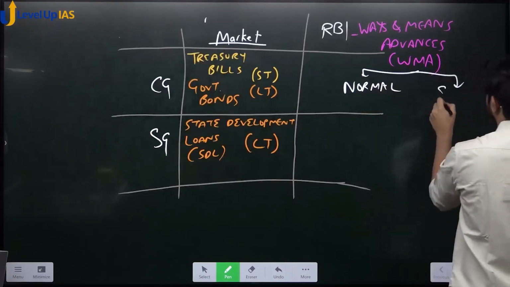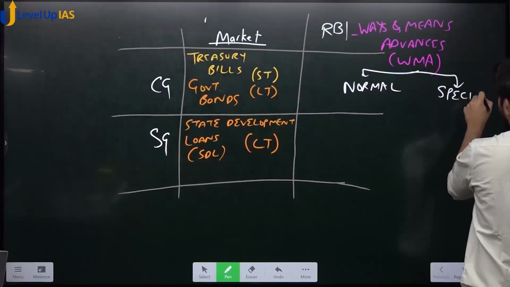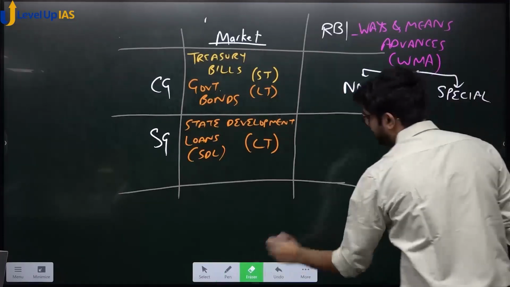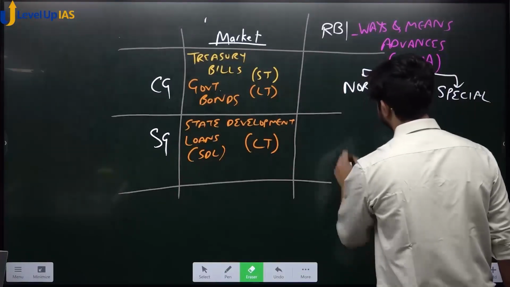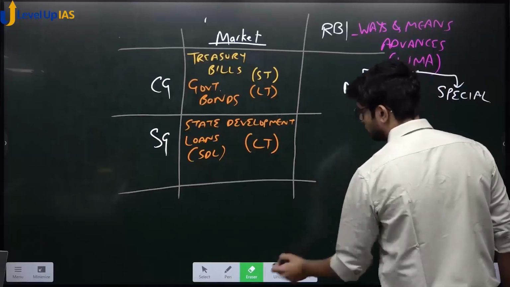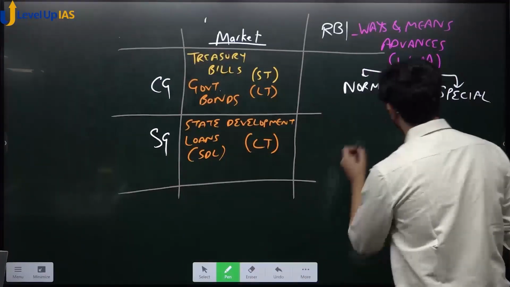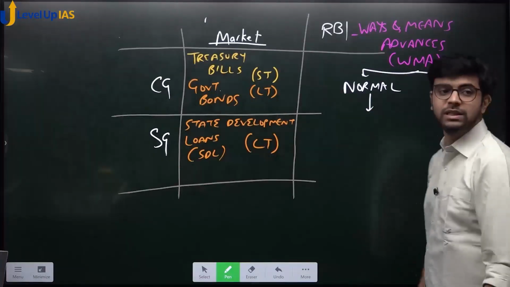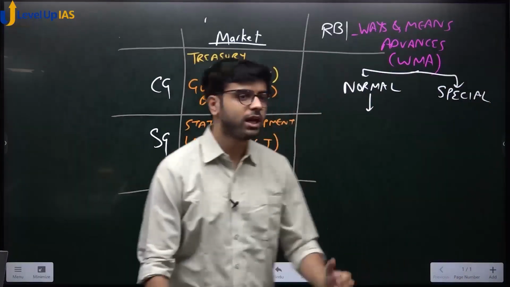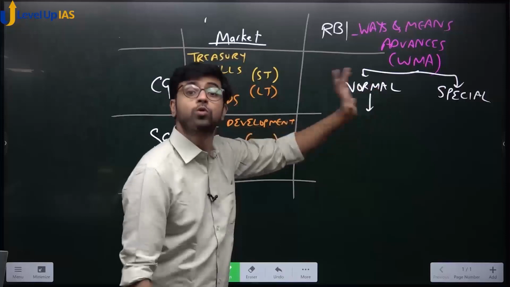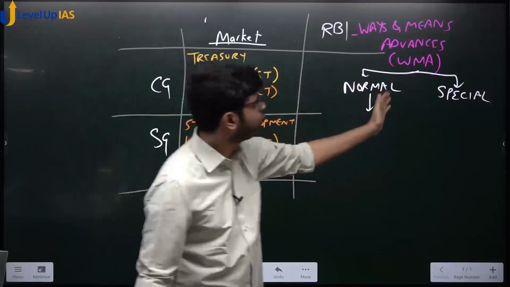This is called special. Right now, interesting things are coming up. Normal, so these are limits. So up to a certain limit you can go under the normal window. Above that, if you need more than that, you have to go to the special window.